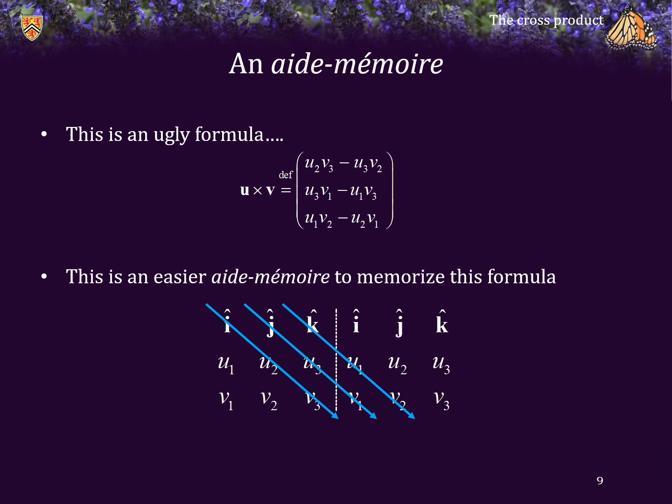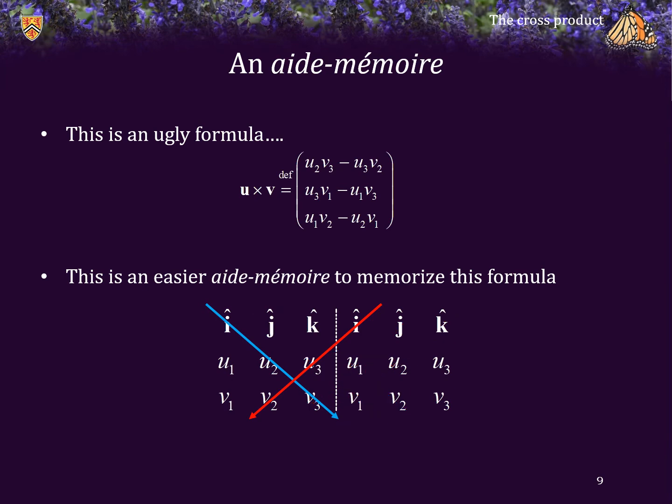From this, we will subtract the first canonical vector times u3 times v2, the second canonical vector multiplied by u1 times v3, and the third canonical vector multiplied by u2 times v1.